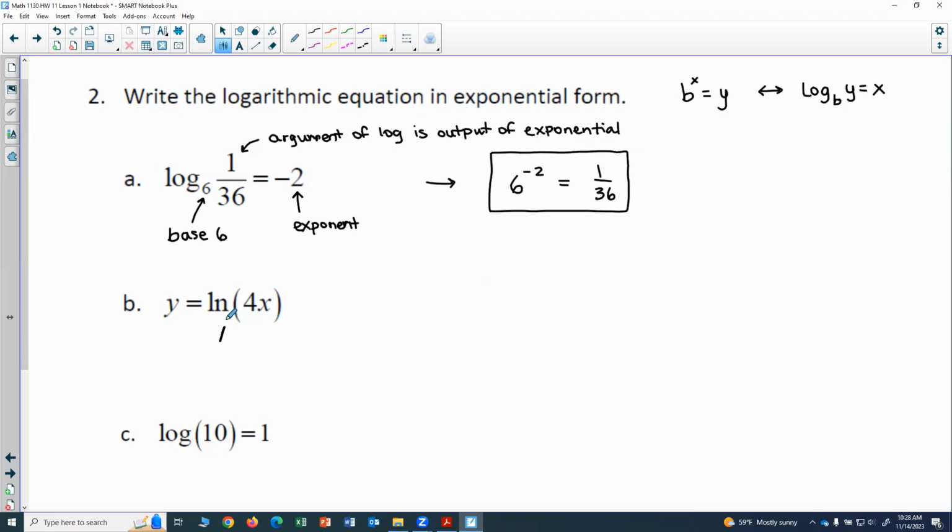All right, let's do another one. Natural log is base e. Anytime you see the ln, that's a base of e. Remember, the output of the log is going to be your exponent, and the input of your log equation is going to be the output of the exponential.